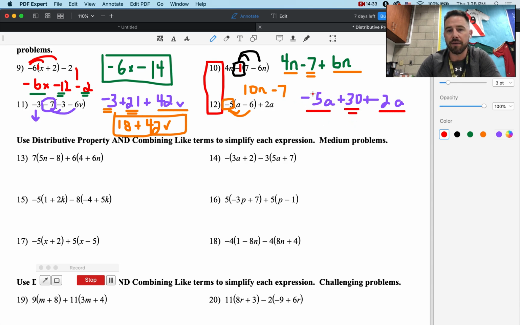So if you owe 5 apples, oh shoot, it's -5a plus 2a. So we got a negative and a positive here that we're combining. Which one's bigger? The 5, so our answer is going to be negative. What's 5 minus 2? 3a. And then this guy just cruises down, +30.